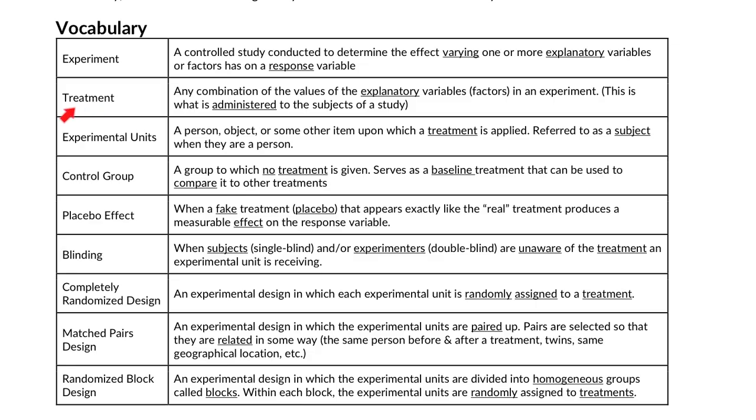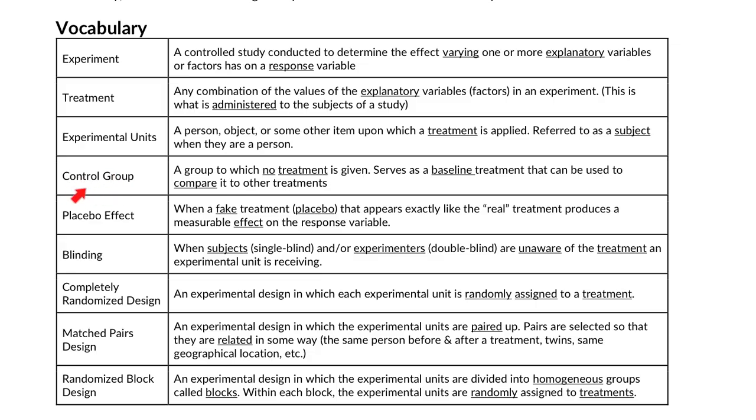When I'm talking about a treatment, I'm not talking about a physical treatment like PT or a medical treatment like a drug. Any combination of values of the explanatory variables or factors in the experiment that is administered to the subjects is a treatment. So our type of course, online or in person, is a treatment. Doesn't necessarily have to sound like a medical treatment.